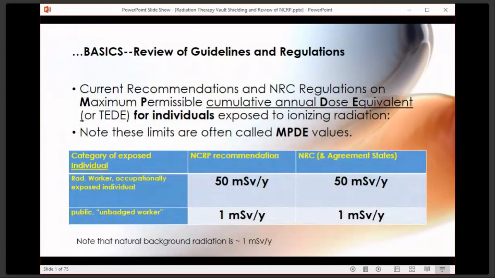Under the recommendations here, the NCRP recommends 50 millisieverts per year for occupationally exposed and 1 millisievert per year for the public. That's the same as the NRC, no surprise. And I point out down here at the bottom that natural background radiation, not including medical, is about 1 millisievert per year. So the public is basically allowed to get another dose of natural background, average natural background.